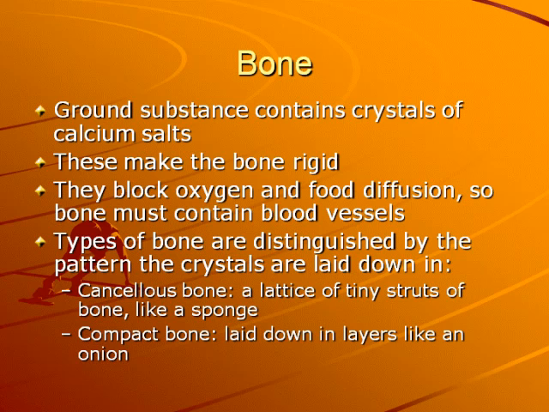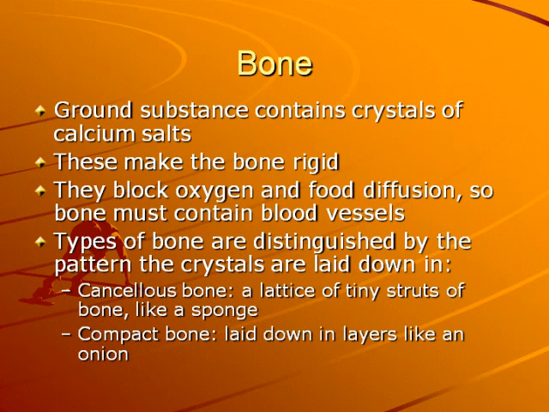The ground substance of bone has crystals of calcium salts, obviously to make them strong and rigid. That calcium salt, which makes them hard and rigid, also blocks oxygen and food diffusion, so bones have to have blood vessels so that they can get the necessary nutrients that they need to stay alive.